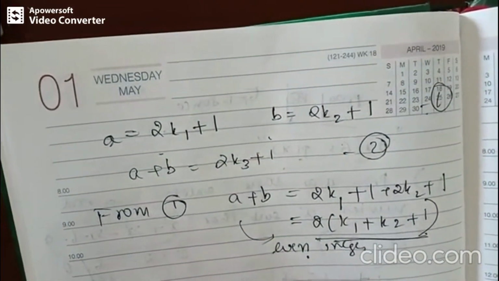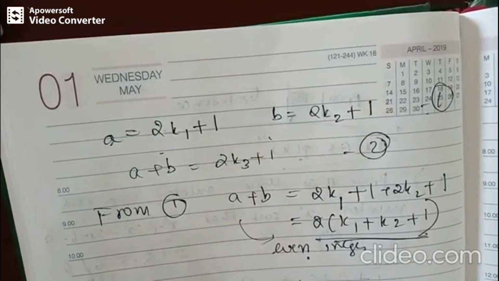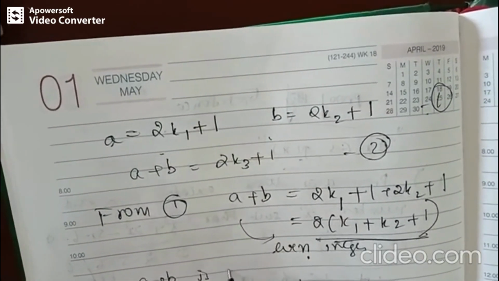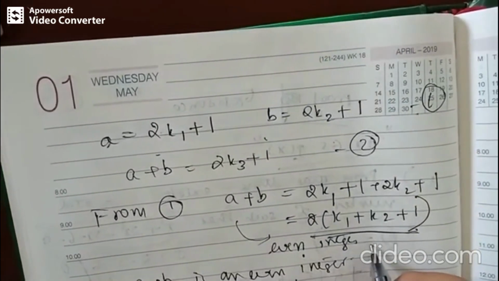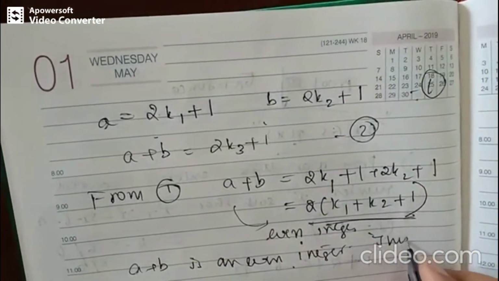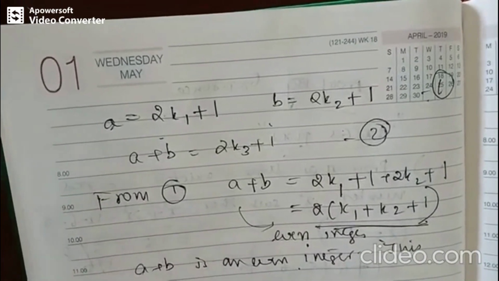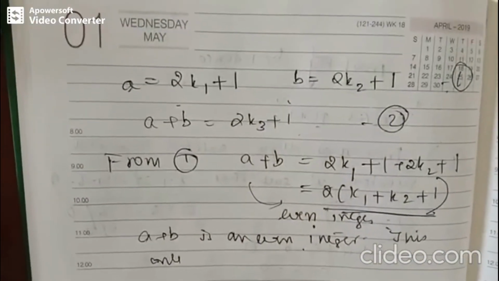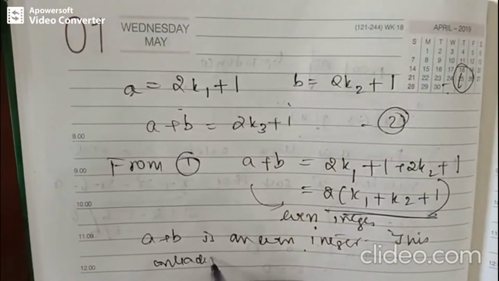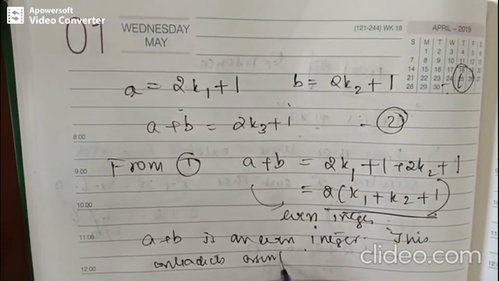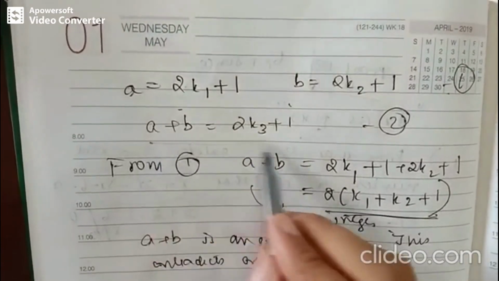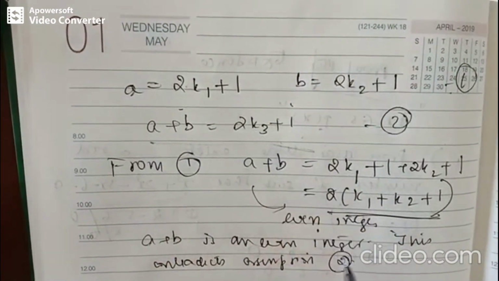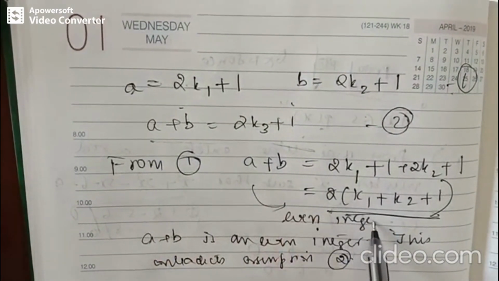So I can say that we have arrived at an even integer. That means A plus B is an even integer. So this contradicts the assumption of 2, that is, the assumption that A plus B is an odd integer.